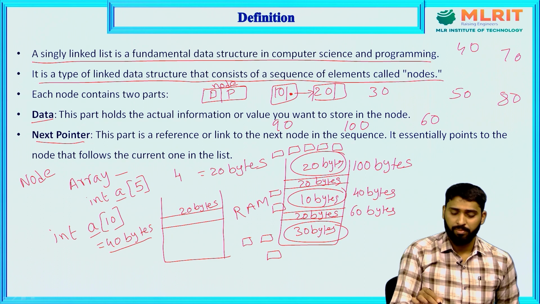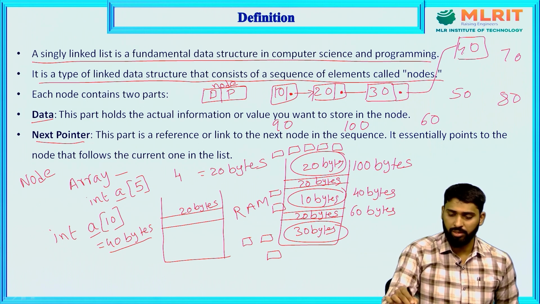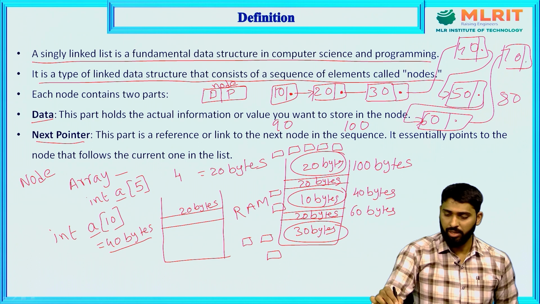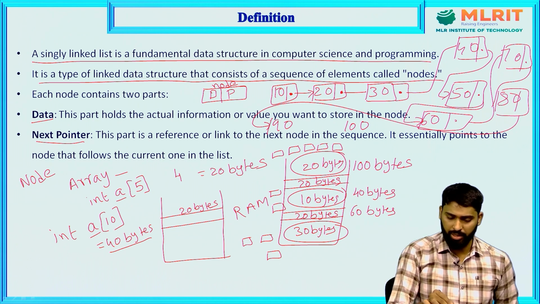Here we are going to store the address of 30. Here we store the address of 40, here the address of 50, here the address of 60. Here, 70, 80, 90 and 100.